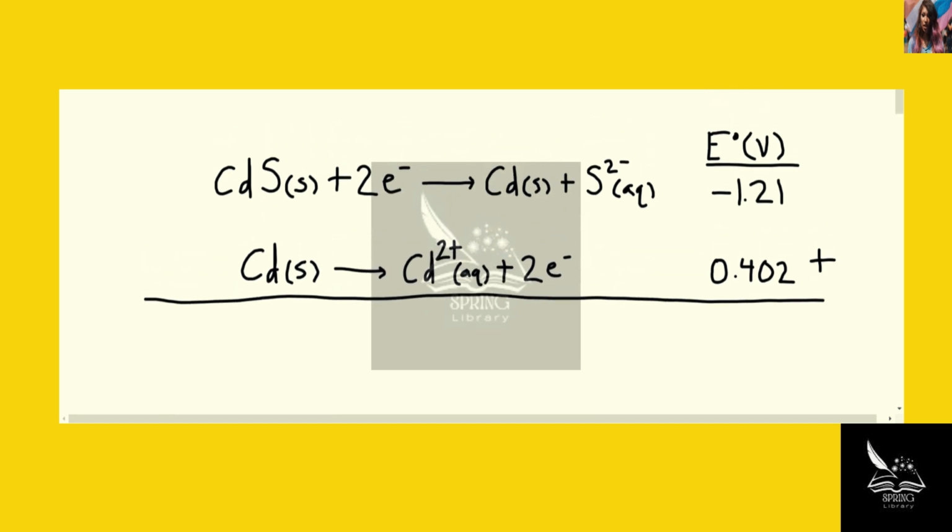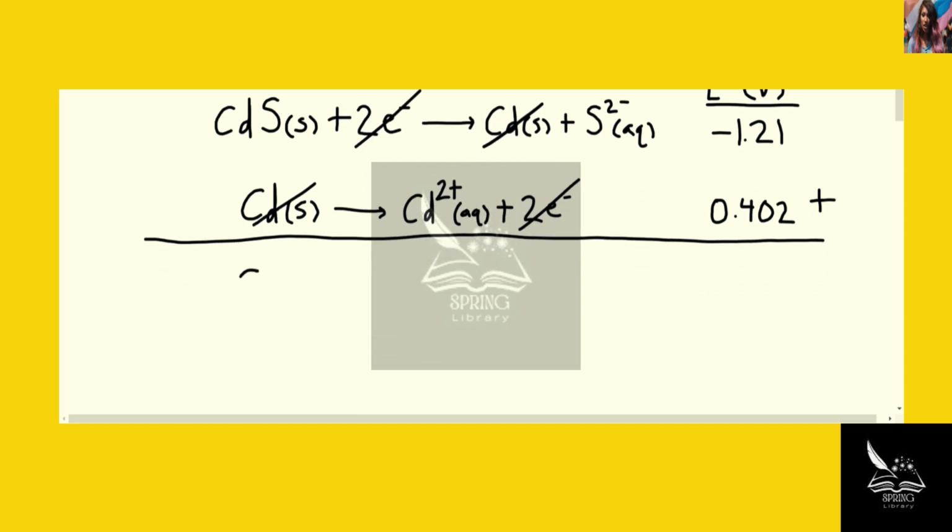And so we can see that when we reverse the second reaction, we can cancel off 2 electrons and cadmium solid appears on each side. And so we are left with CdS solid goes to Cd2+ aqueous plus S2- aqueous.